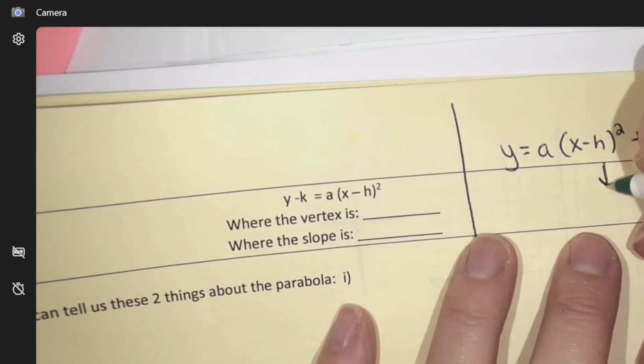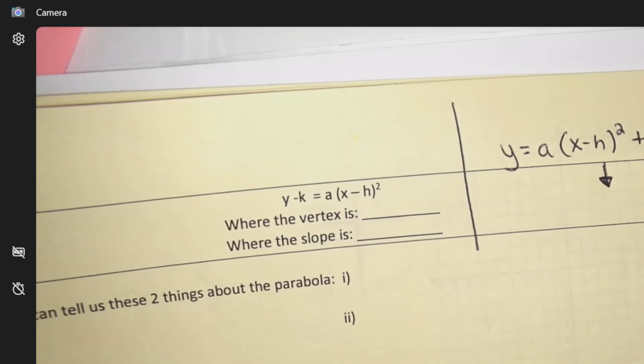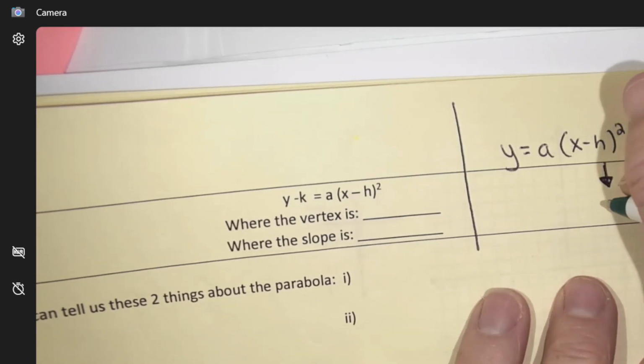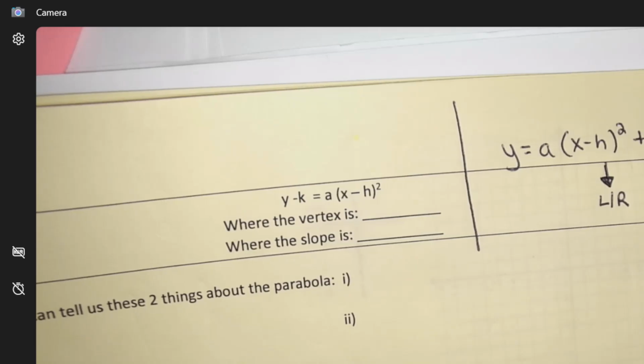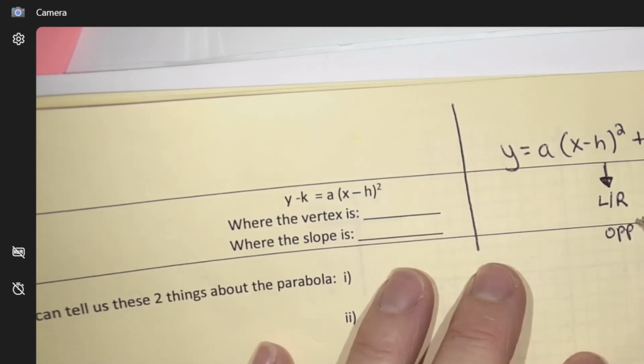Okay, so yesterday when we were talking about it, what did the number in the brackets do? It moves it left or right. And what could we say? It did the same as our brain wanted to do, or the opposite? It did opposite.